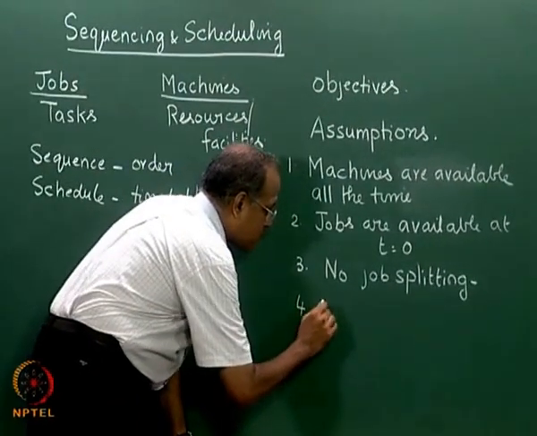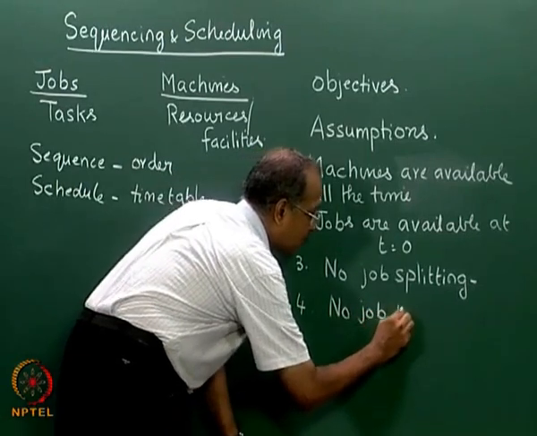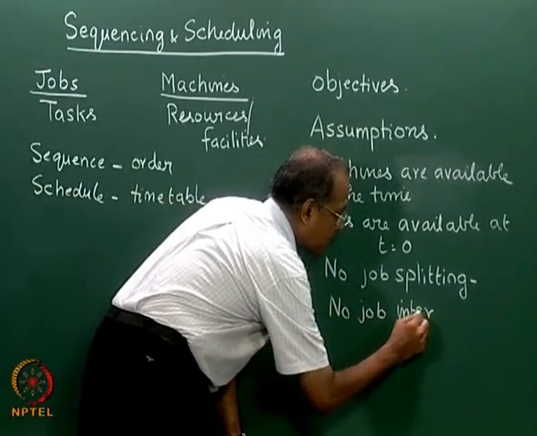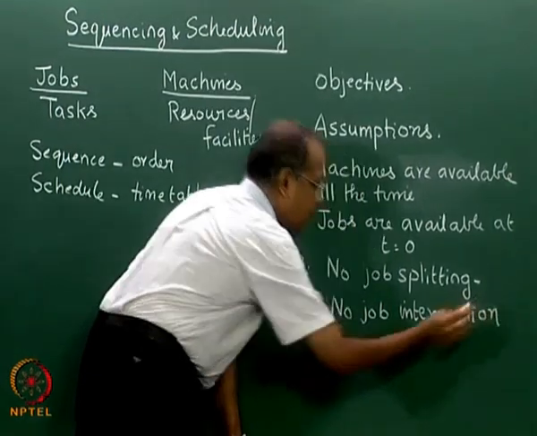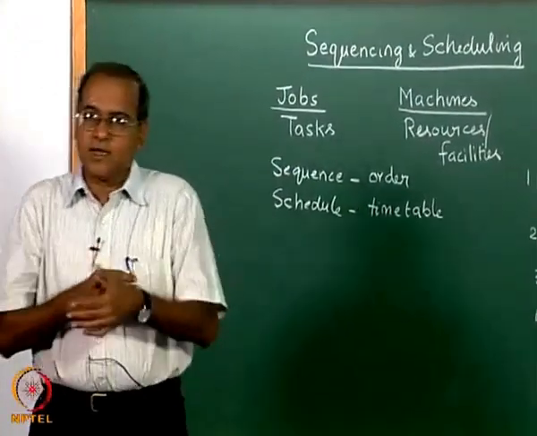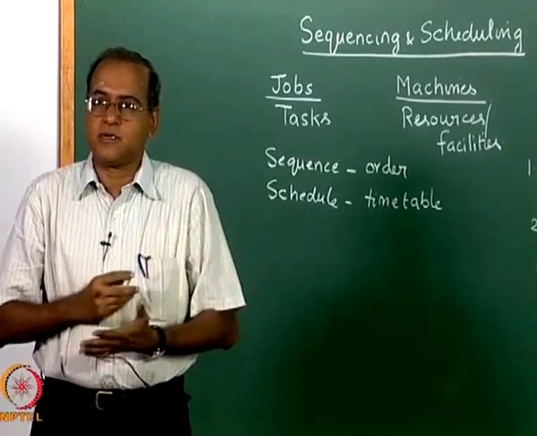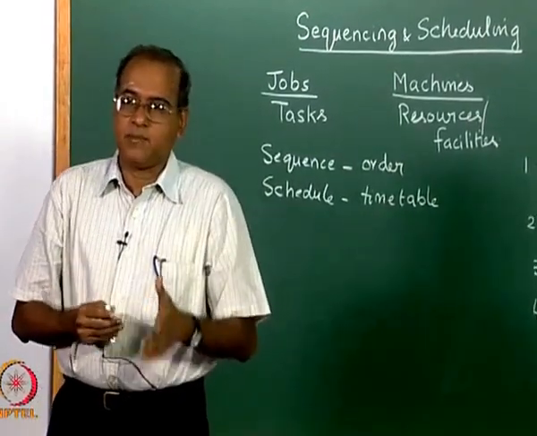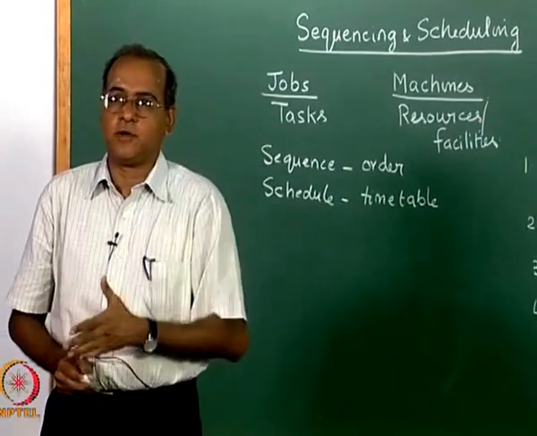Then we also have no job interruption. This assumption means that if I have taken up a particular job on a machine and it requires 10 minutes, once I take it up, I complete this job and only then I pick up another job for processing.